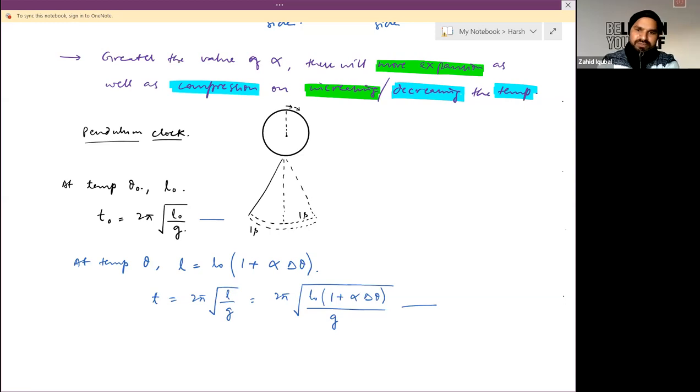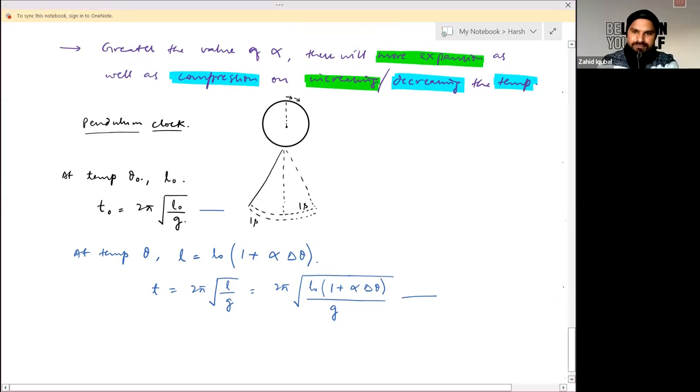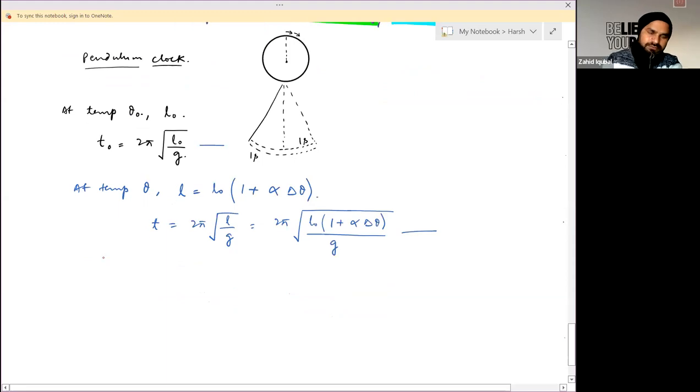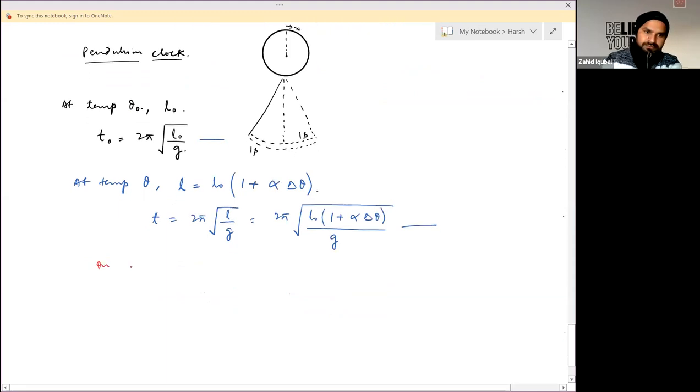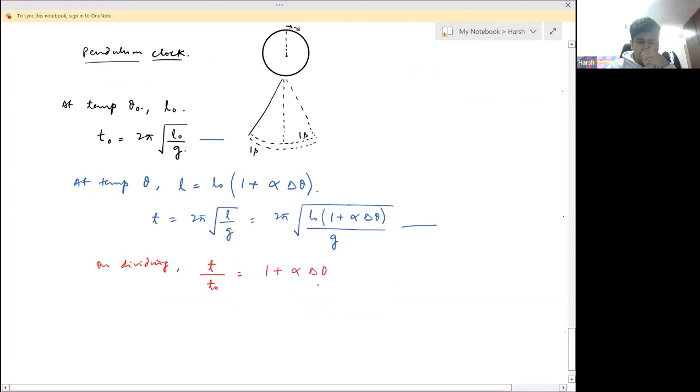So if you divide these two expressions, T over T naught equals 2 pi root under L naught by g will cancel out. So you're left with 1 plus alpha delta theta to the power half. Rest of all other terms will get cancelled out.